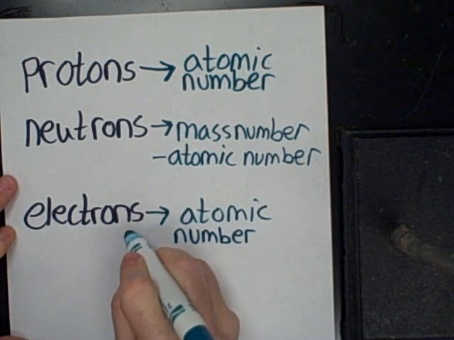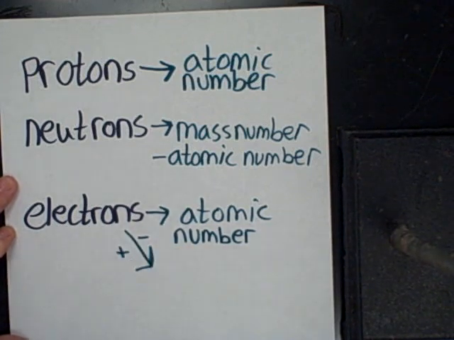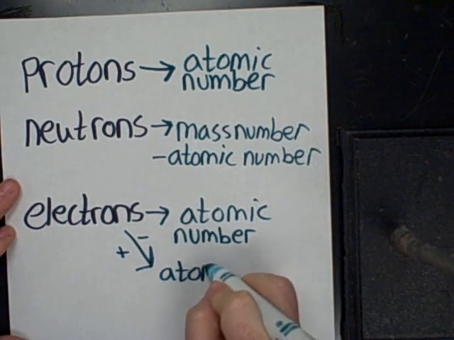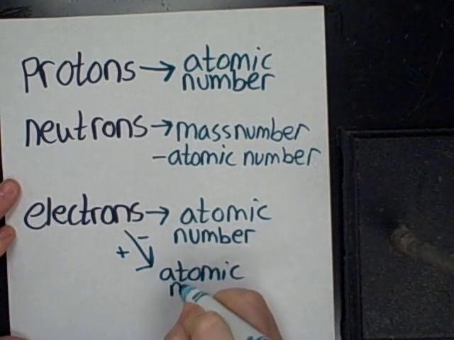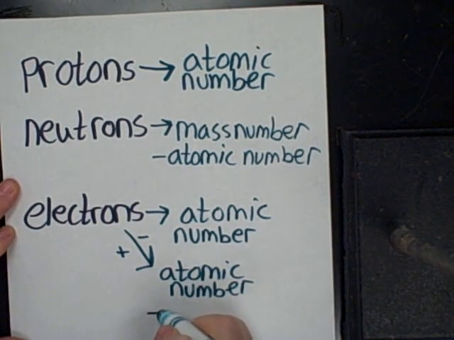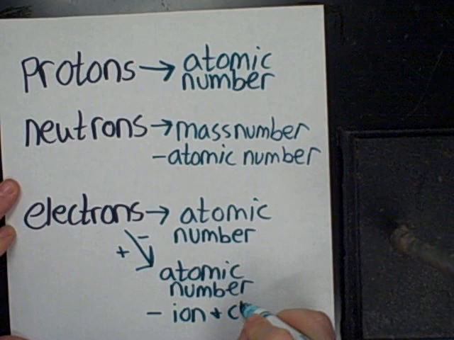What if you have an atom with a positive or a negative charge, what we call an ion? Then we have to calculate the number of electrons. To do that, you're going to take the atomic number and subtract the ion and its charge.